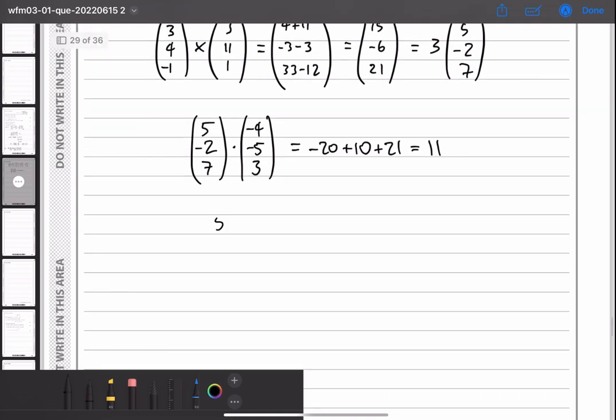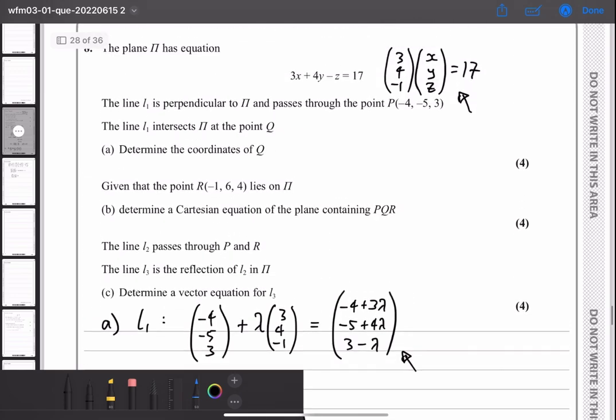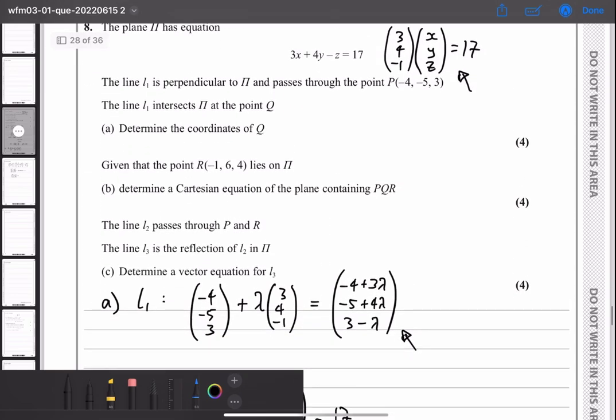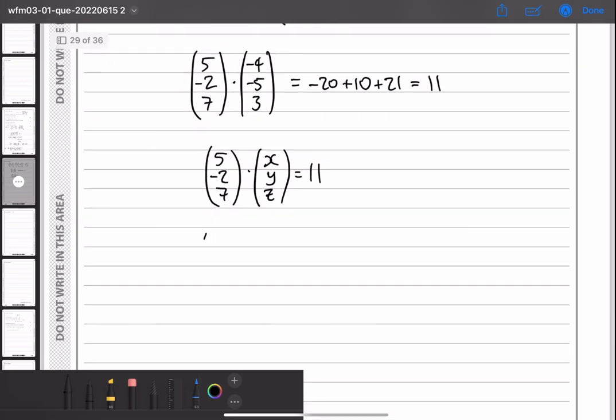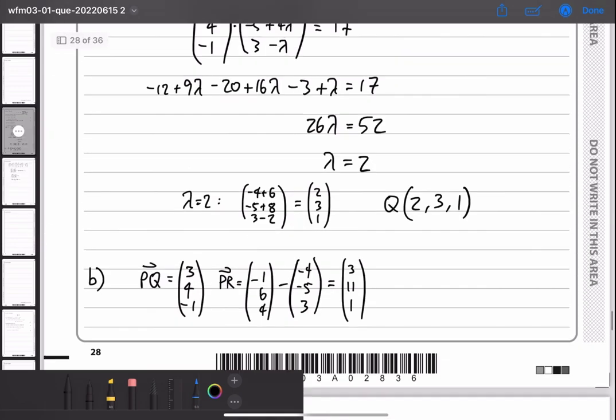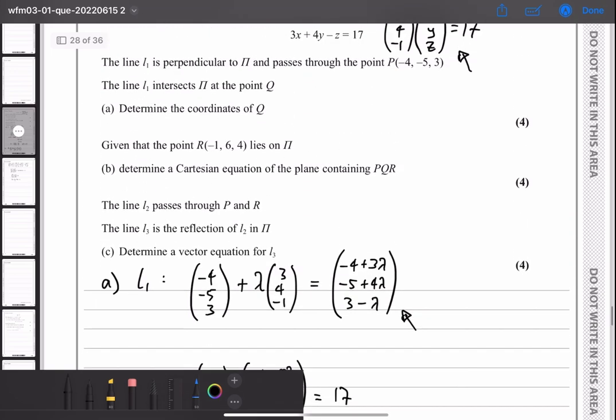So our equation of the plane is this. Now let's just double check. What did it say? Determine a Cartesian equation of the plane. Okay, just because of that phrasing, I'm going to rewrite it ever so slightly like this. And there we have our Cartesian equation of the plane. So that's part B finished.